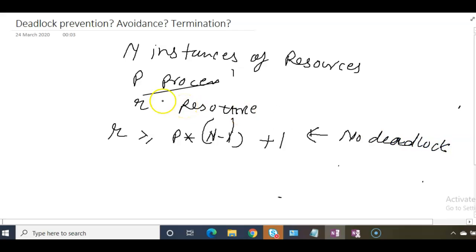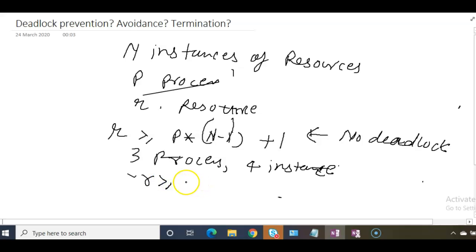So if there are three processes and four instances of resource, then for what value of r will deadlock not occur?